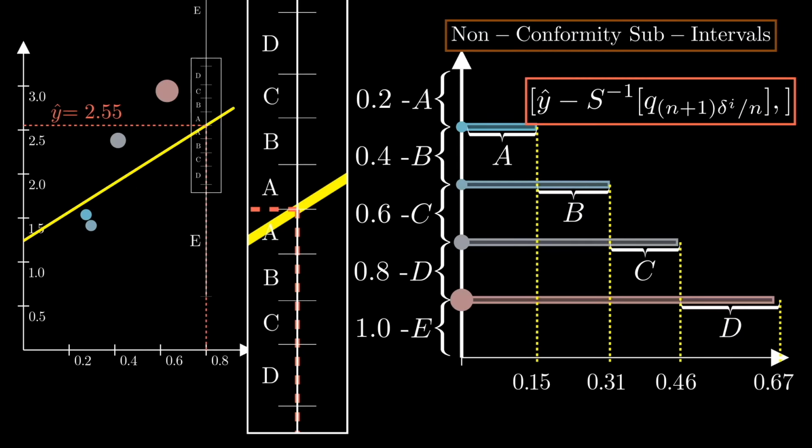In our example, with only 4 calibration points, imagine somebody requests us to present the 70% prediction interval. That confidence level is not equal to any of the intrinsic ones we have. What should we do then?